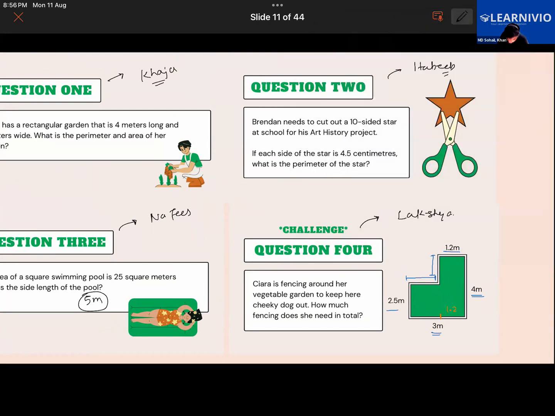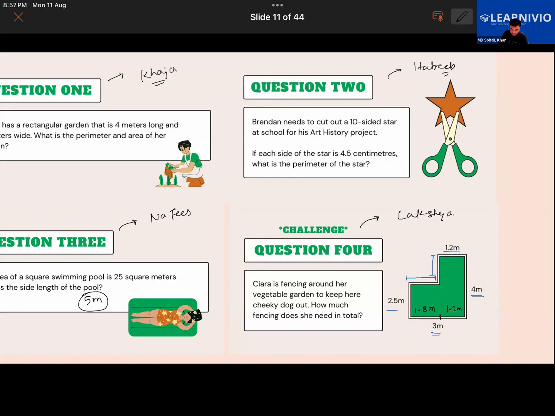Let me write it again, 1.2 meter. So how much is this much left? 3 minus 1.2. That is going to be 1 point... how much? Anyone? 1.8 meter, no? Look, pay attention here.